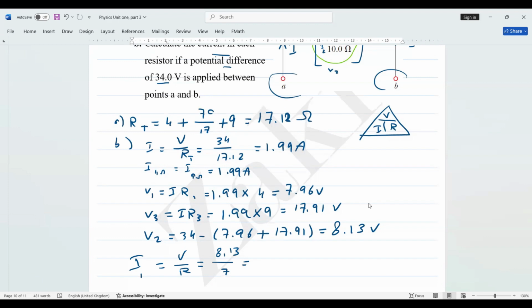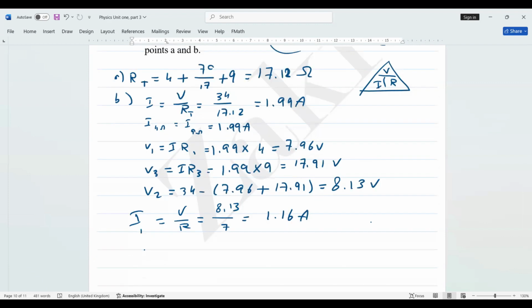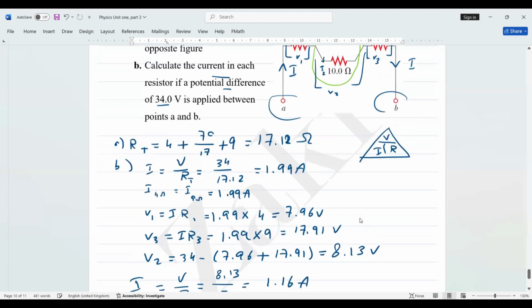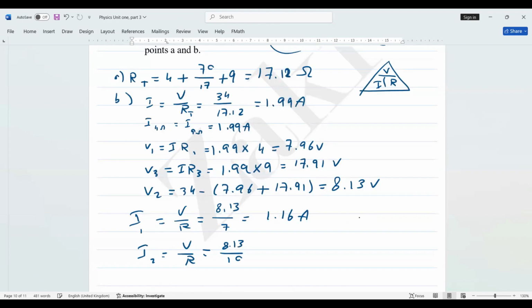Then the current is 1.16 ampere. What about I2? I2 is V over R. V is the same voltage because they are parallel, 8.13 divided by R. R is 10. So 8 divided by 10, it is 0.81 ampere. Okay.